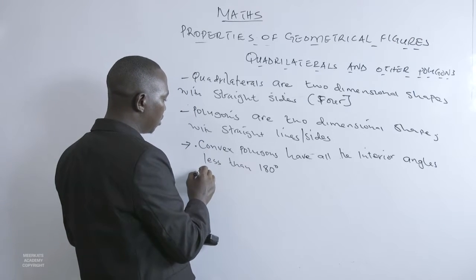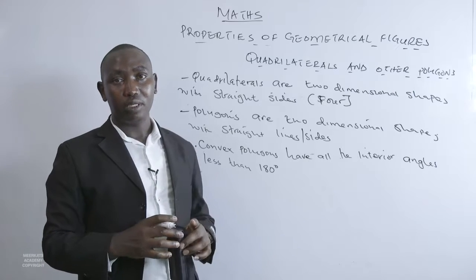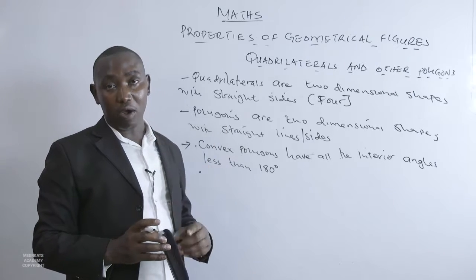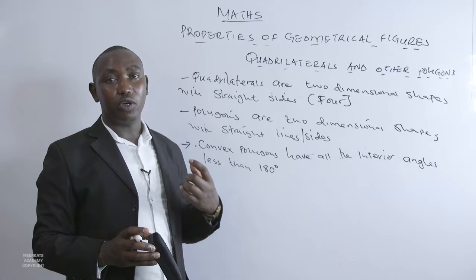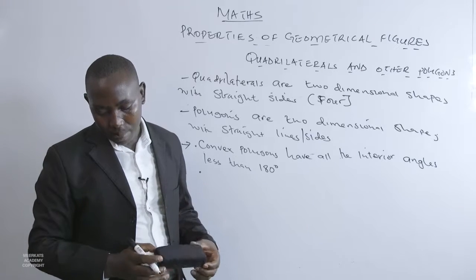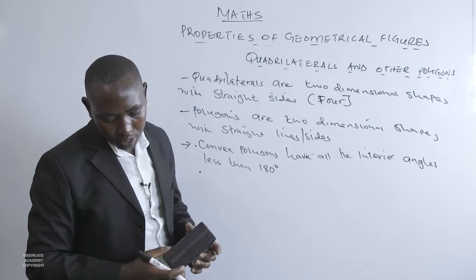Another point on the convex polygons is that when you draw the diagonals, they are going to intersect or meet inside that particular polygon or quadrilateral.